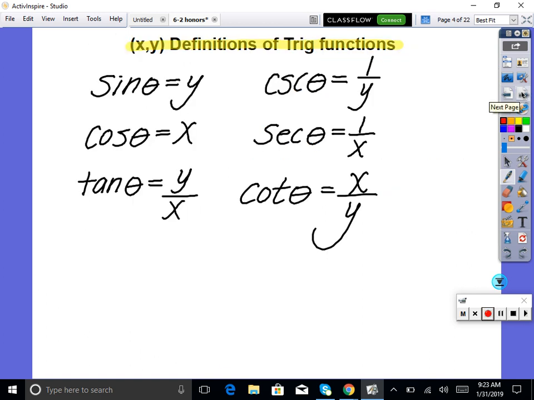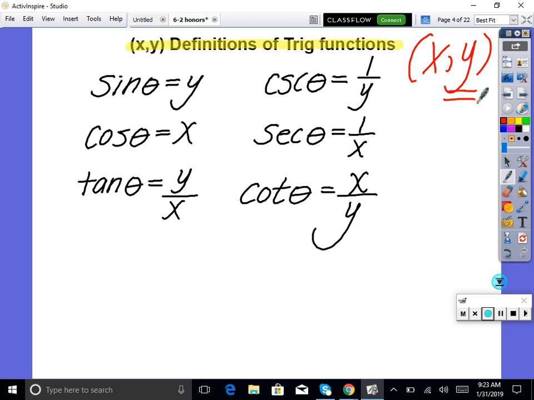Okay, write this down and then I'm going to show you where it comes from. Understand this, only if we are dealing with the unit circle. If and only if we have a radius of 1, we can assume these trig functions will always be true. Then we'll talk about why. The sine of an angle theta will always be the y value of an xy point. Always.